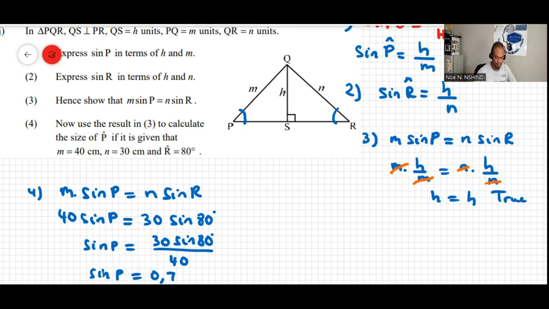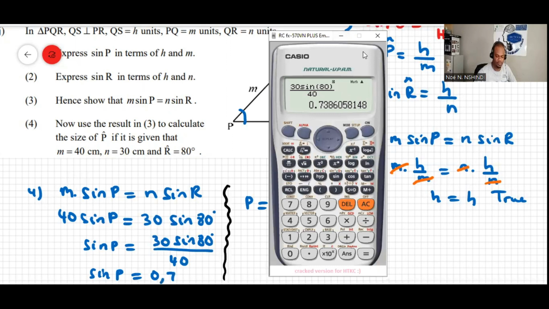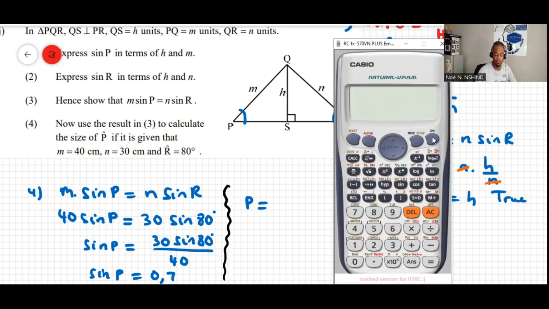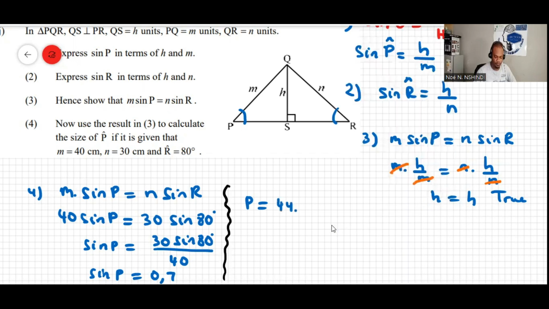Now we can find the value of the angle P. P will be equal to, if we use the inverse function, we press shift and then sine, and then 0.7, and this is equal to 44.4. So P is 44.4 degrees. That's it.